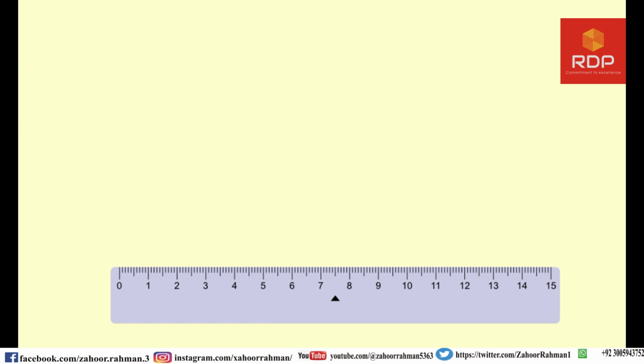So it will be 11.2 centimeter, and let us label it with XY. So for XY, you have to write 112 millimeter. Never try to write it 11.2 centimeter, because the question is saying that 112.